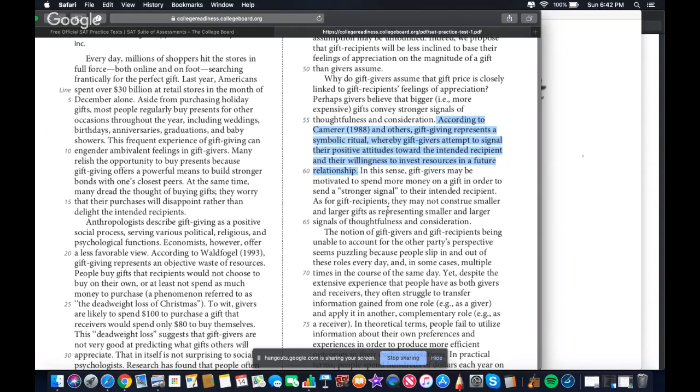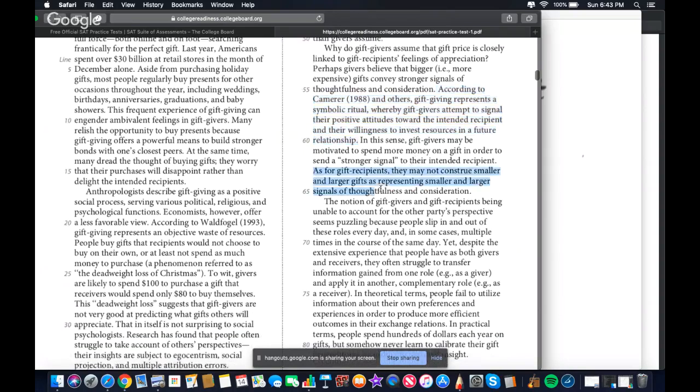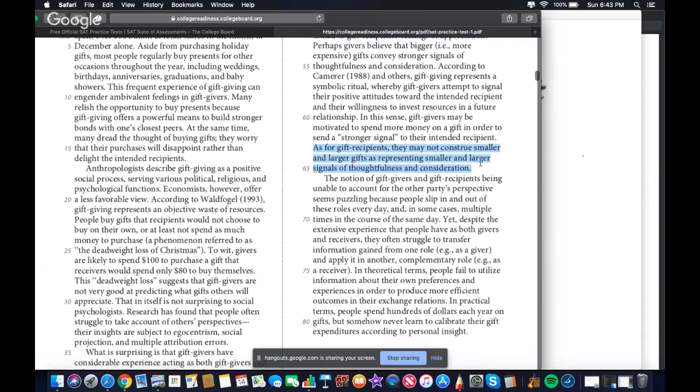This gives us evidence to say how gift givers think, but that doesn't really substantiate the assumption. It certainly tells us we understand why they think this, and maybe that's close to substantiate, but this is perfectly direct. As for gift recipients, they don't think it's working.